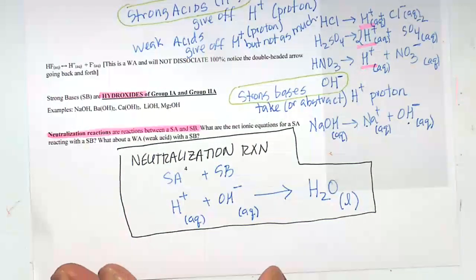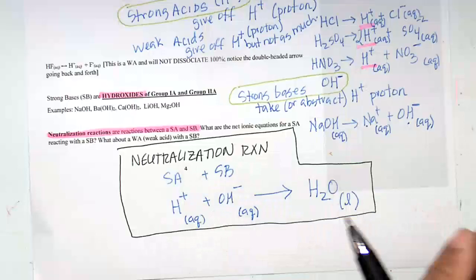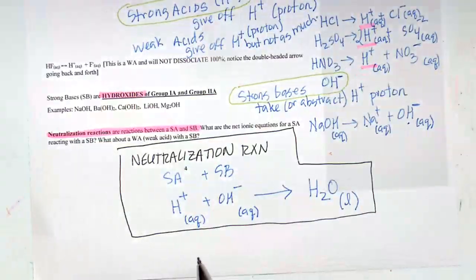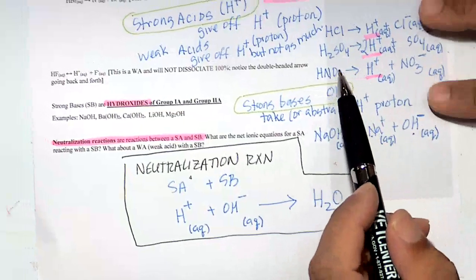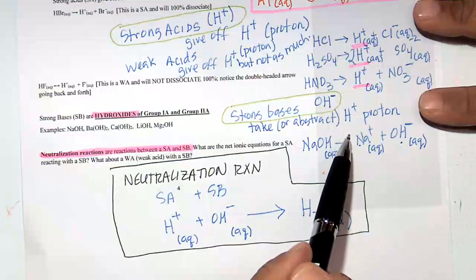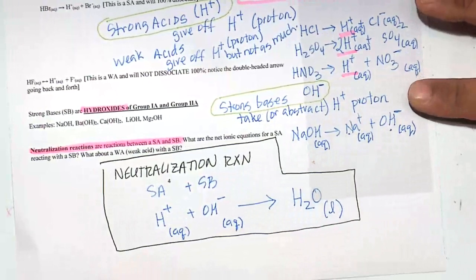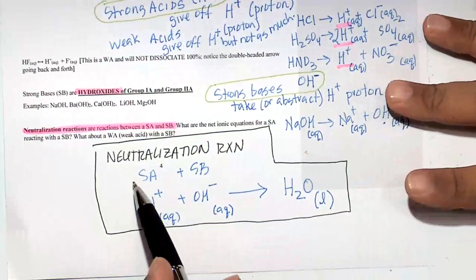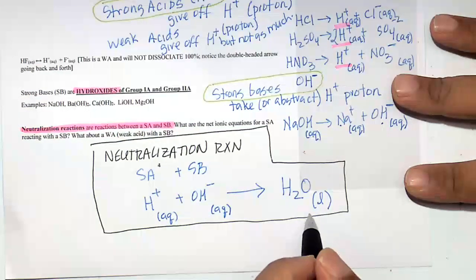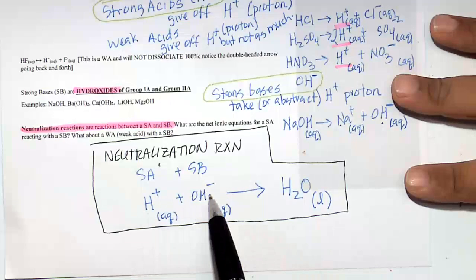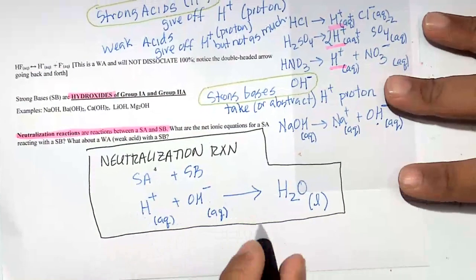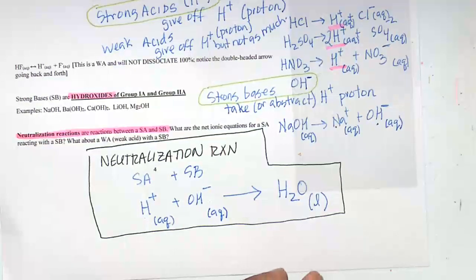So we did a double displacement reaction where you need to use the solubility table. We learned a little bit about acids and how they are a source of H plus, and bases how they are a source of OH minus. And I just want you guys to realize that if you take a strong acid and add to it equal amounts of strong base, you just get water. That is, the strong acid neutralizes the strong base. This is called a neutralization reaction.